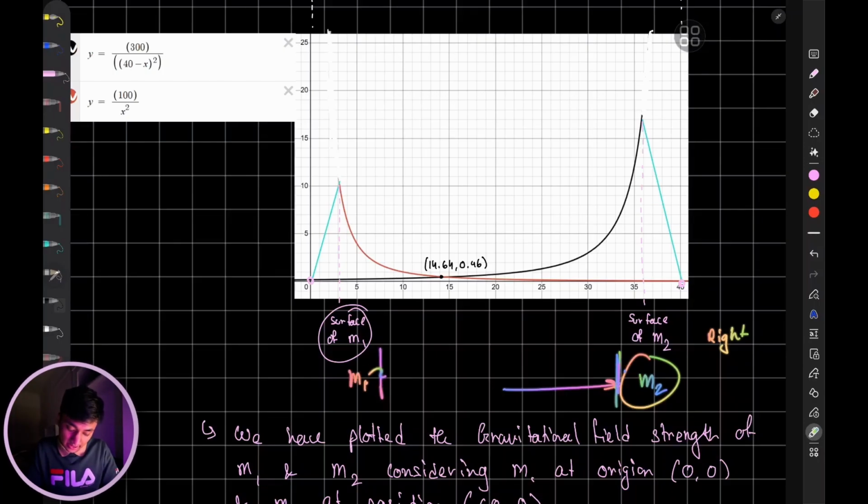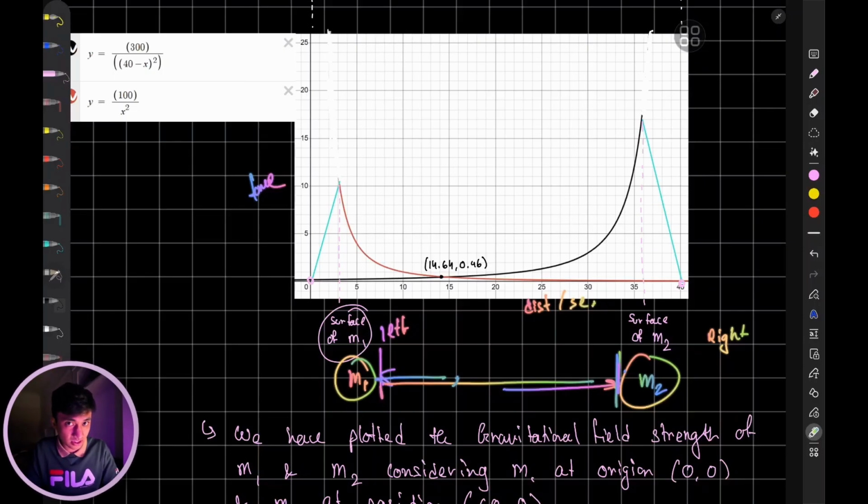And then M1 has field lines coming in this direction, so towards the left. Get that? Both of their field lines are opposite in direction. And what are we plotting? Force versus distance or separation.